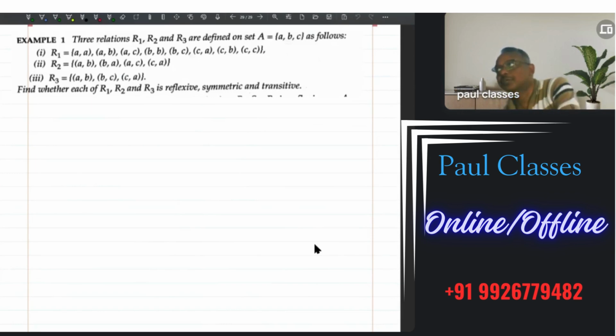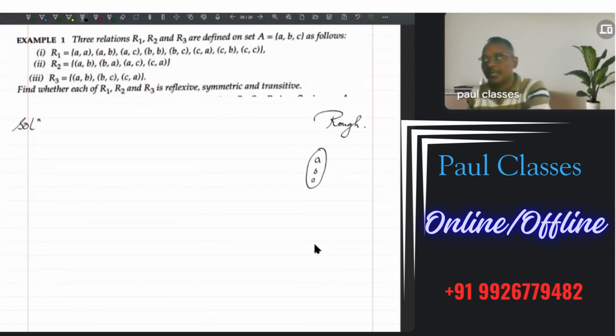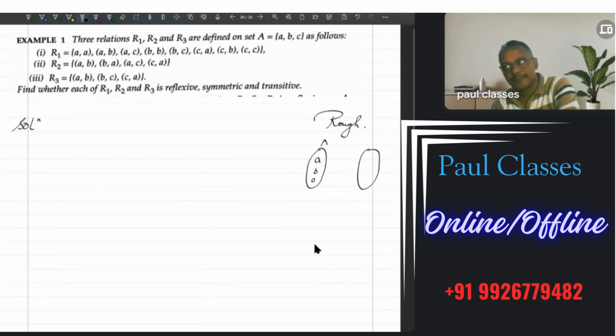The first question. I'll explain what the question says. There is a set A. It has 3 elements in it. There is another set A itself. It has again 3 elements.